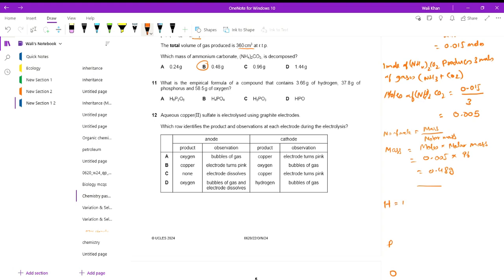For hydrogen, its molar mass is equal to 1.01 gram per mole. Moles of hydrogen: 3.66 divided by 1.01, and the answer is 3.62, approximately equal to 3.